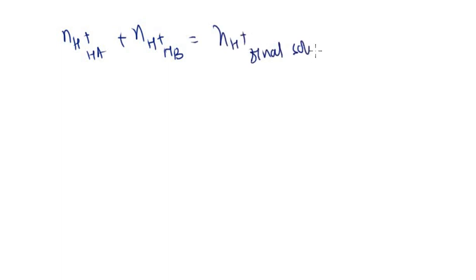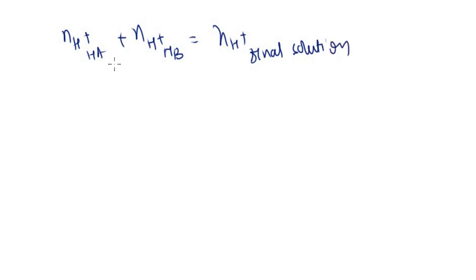So what happens? The moles of H plus from HA plus moles of H plus from HB should be equal to moles of H plus in the final solution, right?